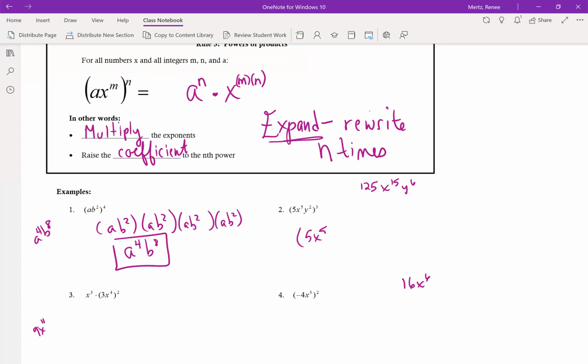So the big trick for this is writing it 3 times. If you don't, many people don't get the right coefficient because they forget to put 5 to the 3rd power in their calculator. So if you're doing it without expanding it, please make sure you're doing 5 caret 3.